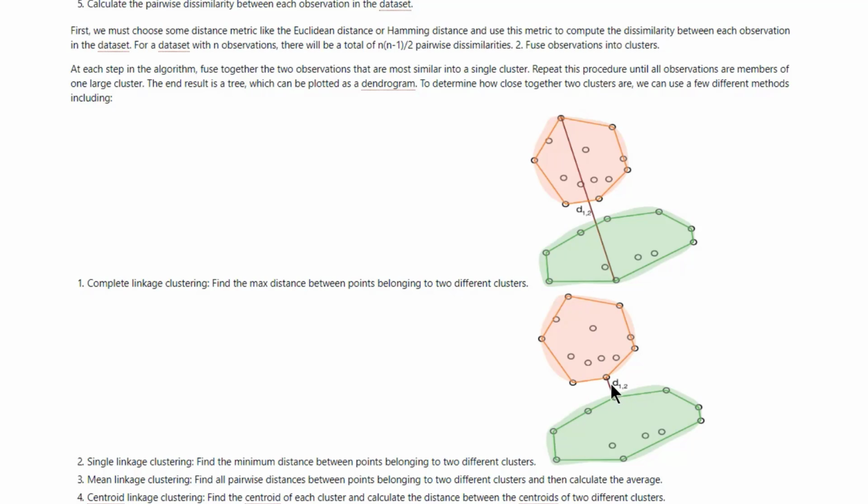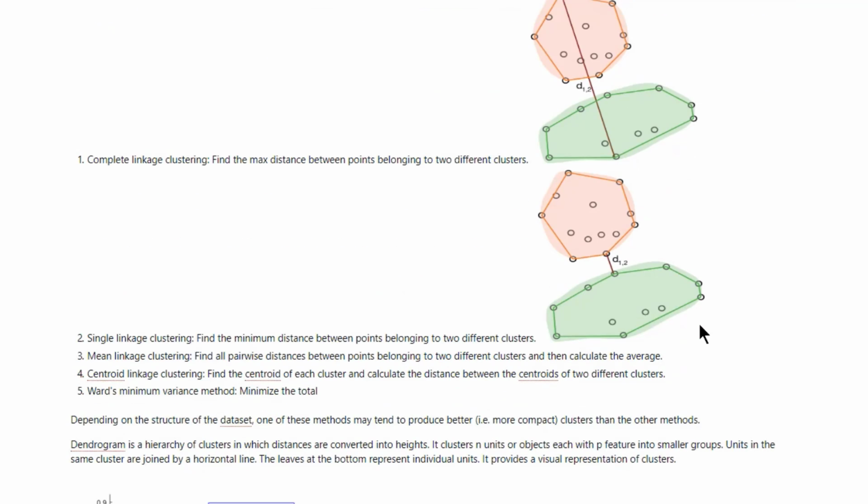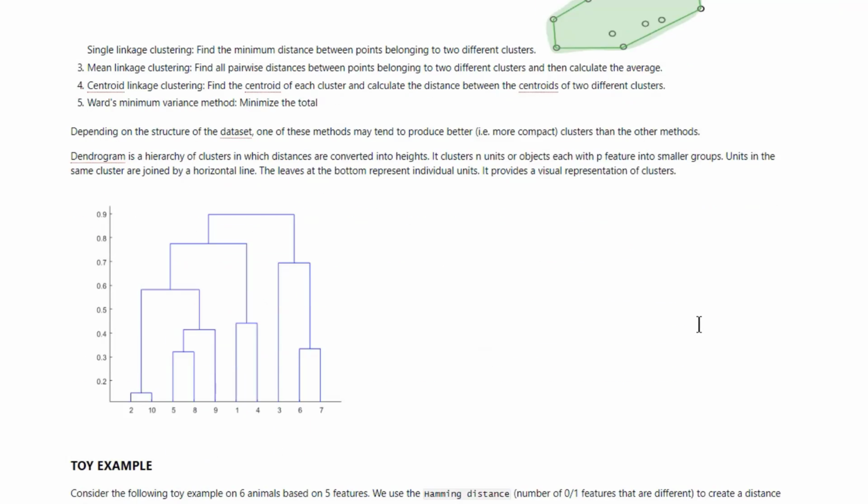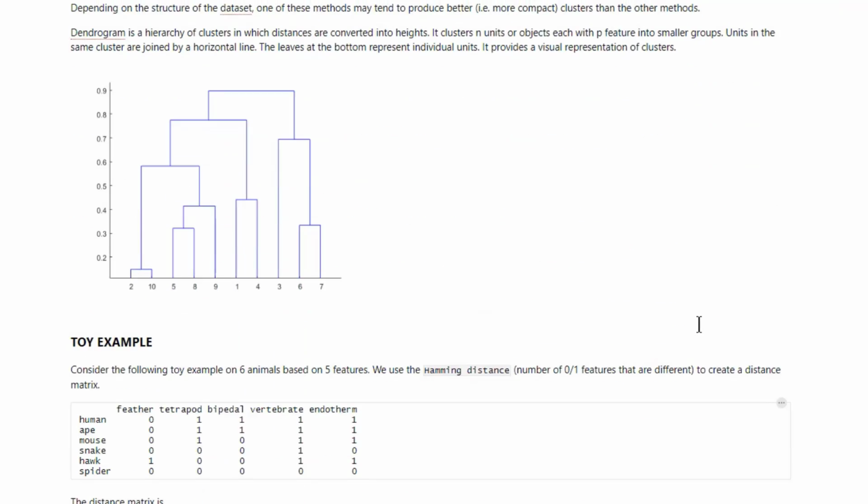Here, the one plotted in this picture shows the minimum distance between points belonging to the two different clusters. Similarly, there is mean linkage clustering, centroid linkage clustering, and also Ward's minimum variance method. Depending on the structure of the dataset, one of these methods may tend to produce better clusters than other methods.